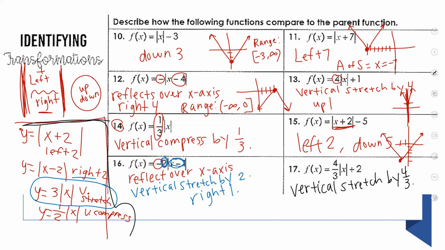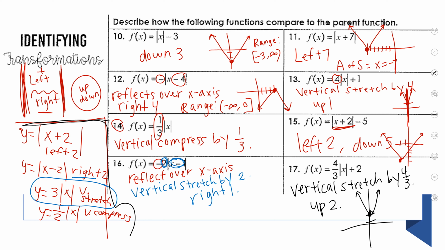Do I have anything inside of the absolute values? No, I do not. So that means I didn't move left or right. And then I have a +2, so that means it goes up 2. So if I were to graph this, I go up 2, and since it's a vertical stretch, it'll look a little more skinny. It'll be tall and thin.